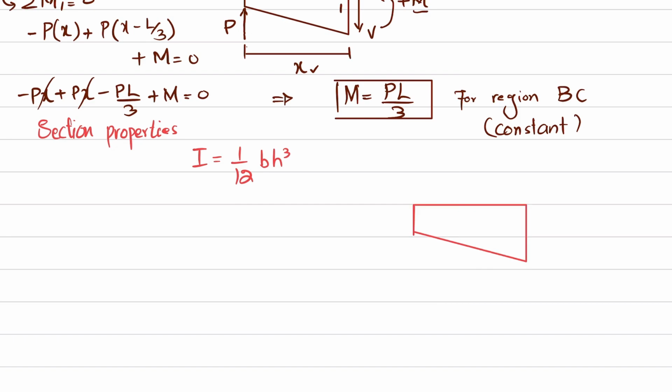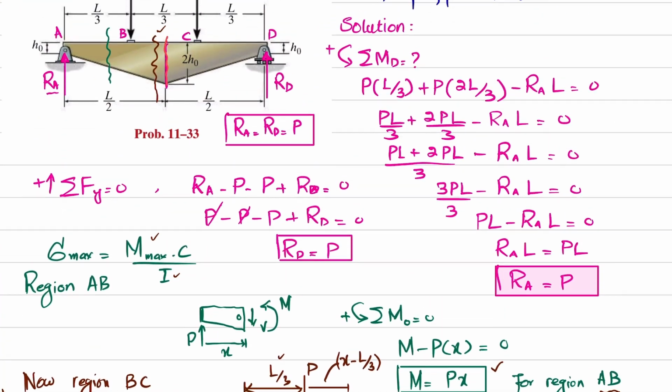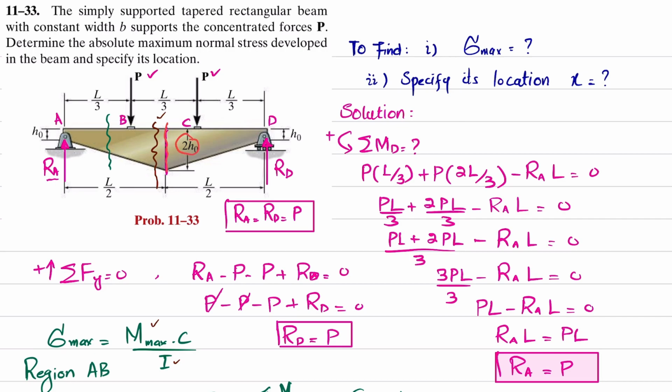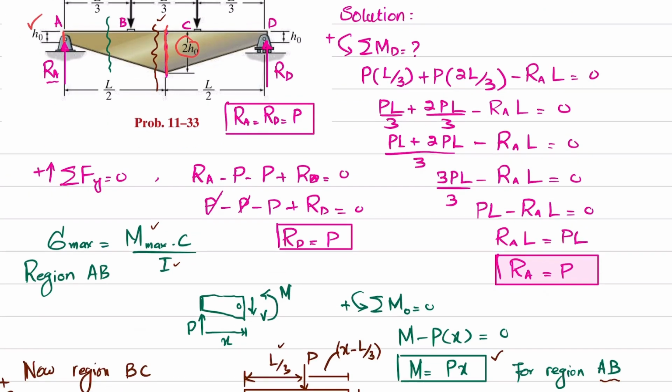this was the beam, so this distance is given as H naught, and this total distance is given as, if I draw a dotted line, this is also H naught, that is given. I will show you over here. You can see this total is 2H at this distance, and here this is H naught.